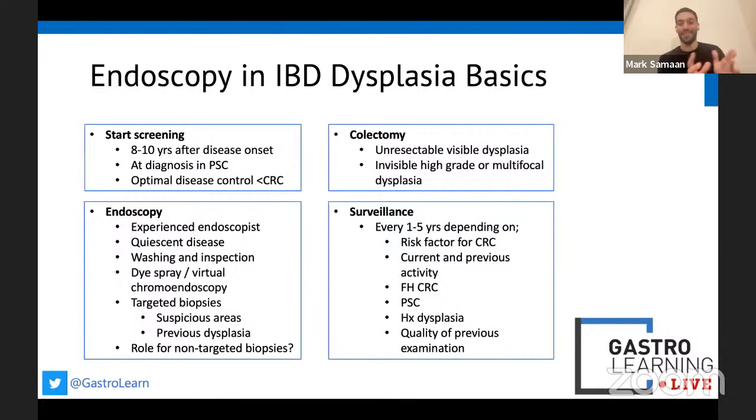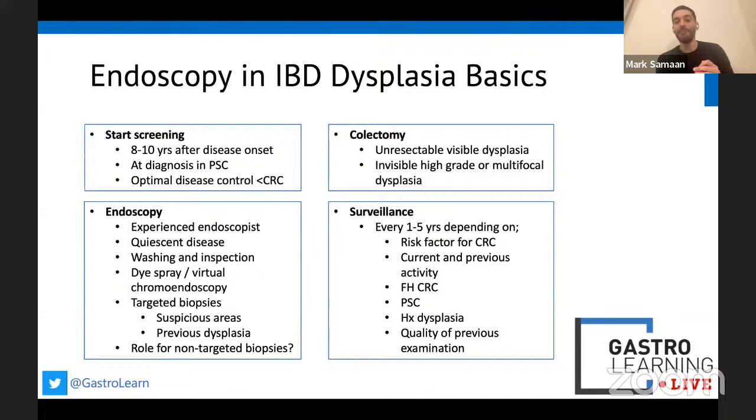No, I think it's almost recently flipped back, hasn't it? So it has been the gold standard, dye spray endoscopy. Now there's data and recommendations suggesting that you can use narrowband, and we are switching over in real time from dye spray to narrowband imaging for colonic IBD surveillance.